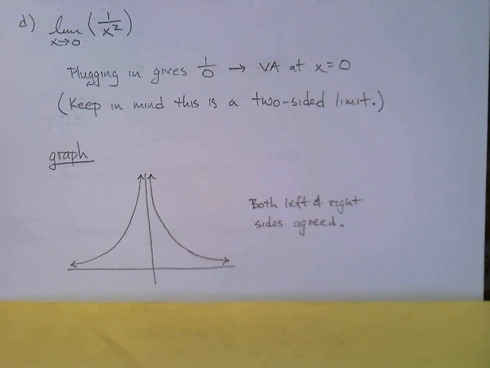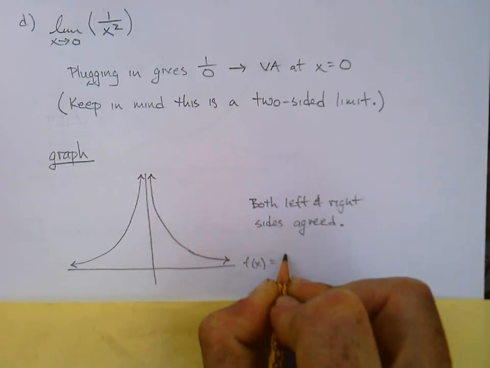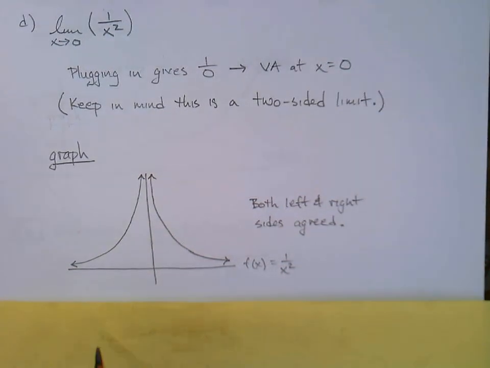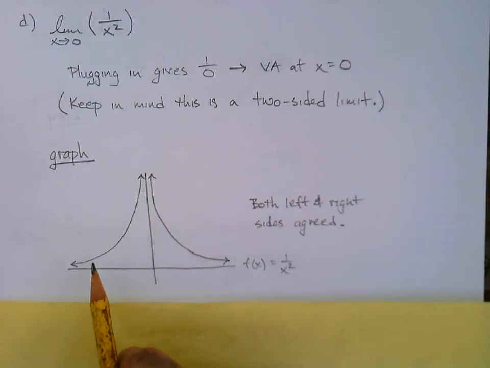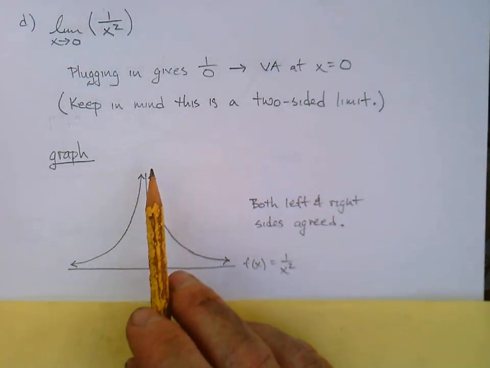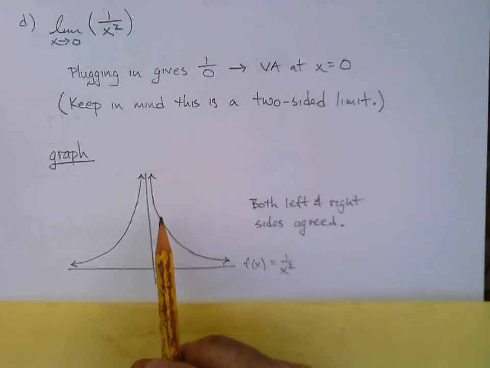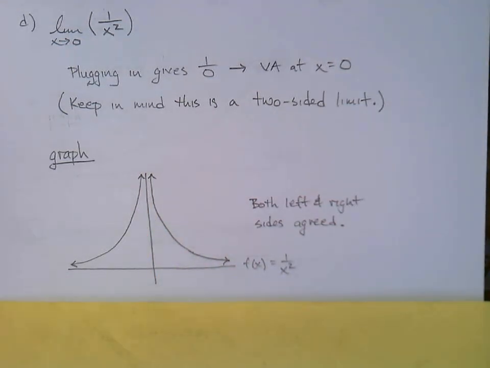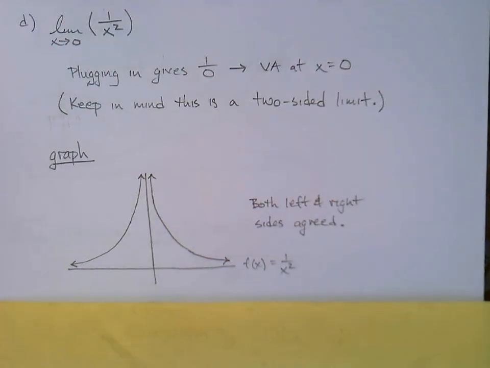The graph of f of x equals 1 over x squared looks like this. So there's that vertical asymptote there at 0, but it turns out on both sides it goes up to positive infinity. Well, that makes sense because we're talking about x squared, and that's always positive. It's actually very, very steep, even steeper than 1 over x.